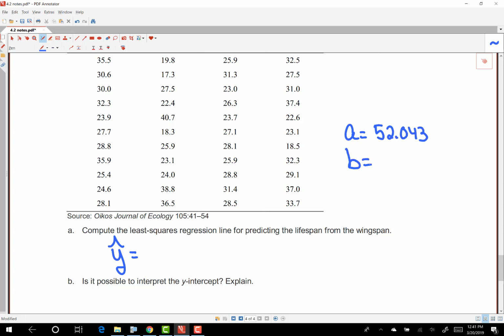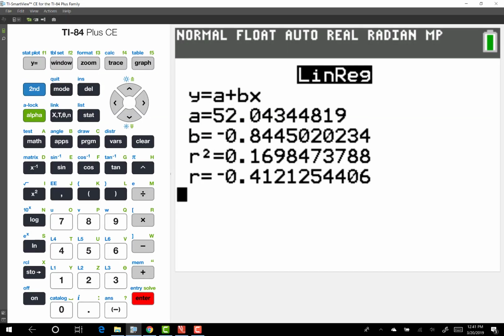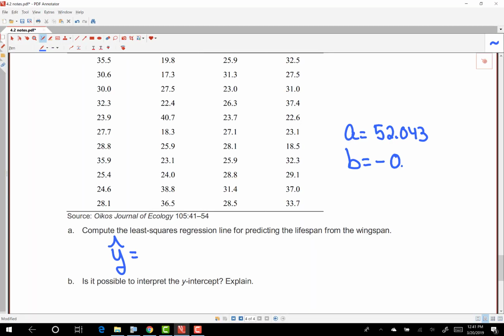And B, our slope, turned out to be negative 0.845. So our least squares regression line is y hat equals 52.043 minus 0.845x.